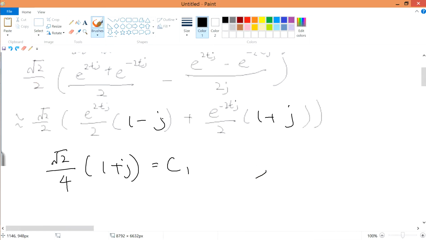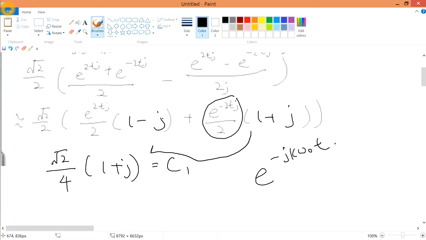And you remember the e to the minus jk omega t. I think you should remember that. And therefore, take a look at this thing over here, because this belongs to this one, right? So e to the minus 2tj, assuming that t is equal to t and omega cancel each other already, and then minus jk.